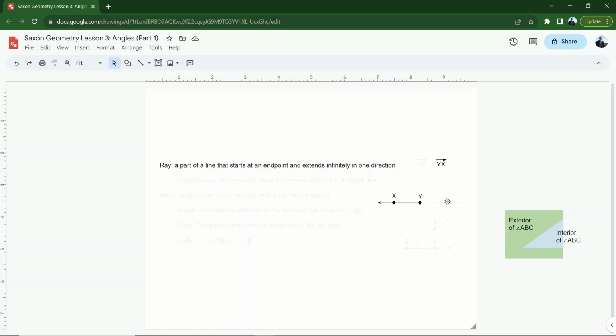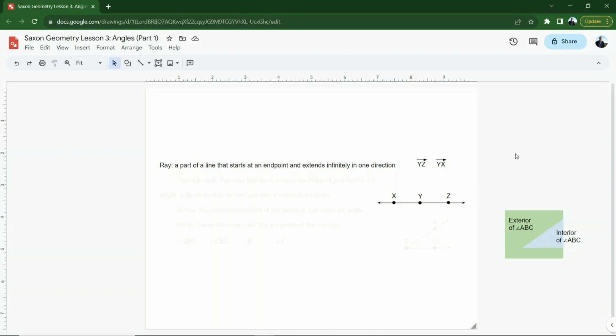So whenever you name a ray, make sure the first thing you name is the endpoint and then the other point. Okay, now, what if I showed both of these rays at the same time? We could say that this figure, with points X, Y, and Z on it, makes a line when we put the two rays together, because now it extends infinitely in both directions.